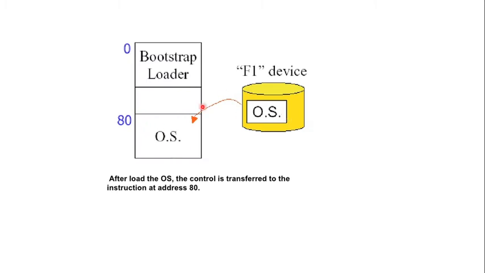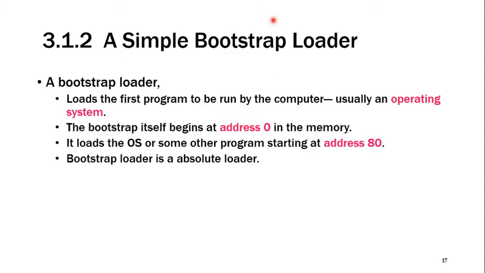Any number of times you switch on or restart your device, the object code of the operating system will be loaded to the main memory starting from 80 itself, not anywhere else. As the starting address is fixed, the operating system will never vary with the address. So the Bootstrap loader is a kind of absolute loader.